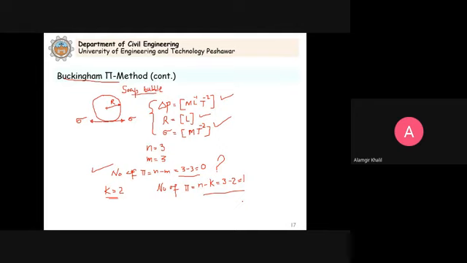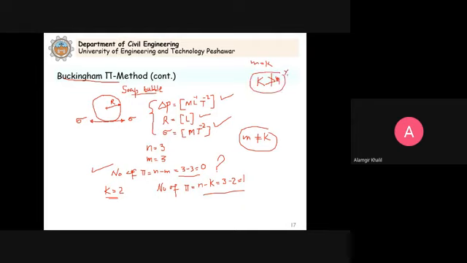In very rare cases, m is not equal to k. In most cases, m will be equal to k, and k can never be greater than m.